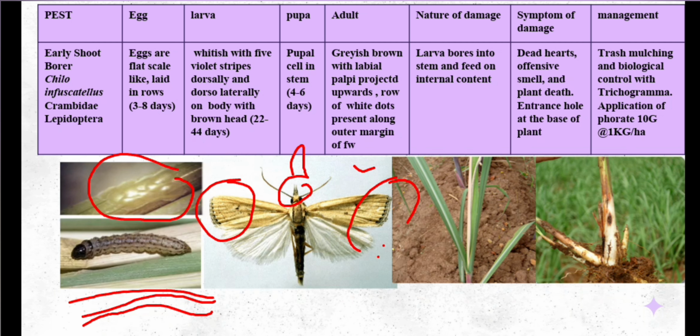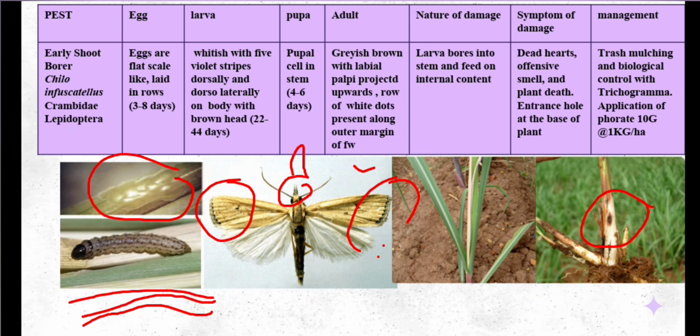After entering the stem, it will bore inside, reach the base of the stem, and make an entrance hole at the base. Why? After pupation, the adult comes out through that entrance hole. Here you can see in the image, this is the entrance hole.